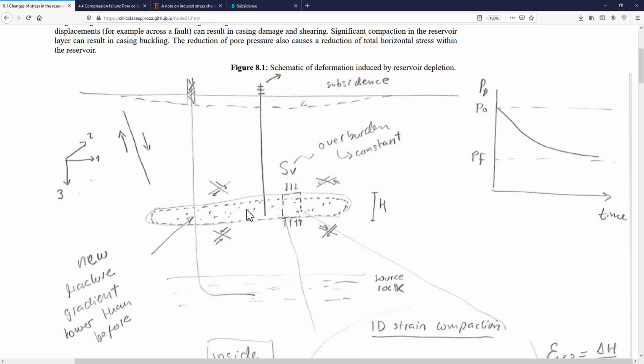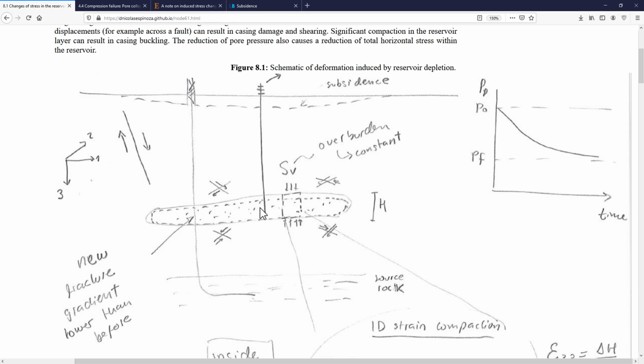Okay, let's talk first about some generalities, and I'll show you some cool pictures as well before getting into the mathematics of the problem. As we were saying, the problem of reservoir depletion is caused by a decrease of reservoir pressure as a function of time because of the extraction of a fluid.